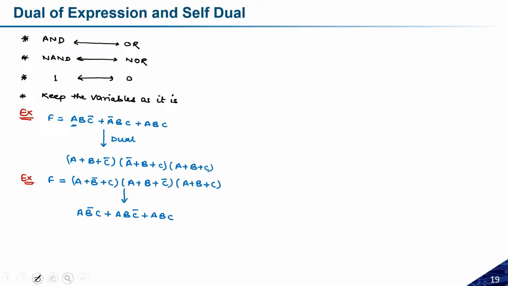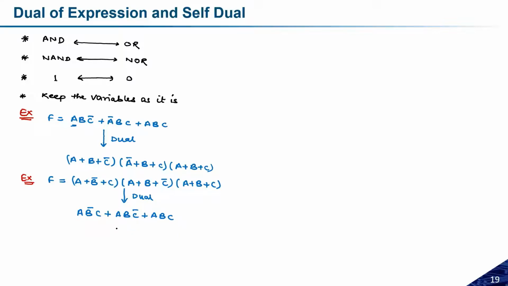So this is the dual of this one. Now, one important thing that we should consider: can we further minimize this? Even after finding the dual, can we minimize it further so that the number of logic gates required will also reduce? Let us try to see here.